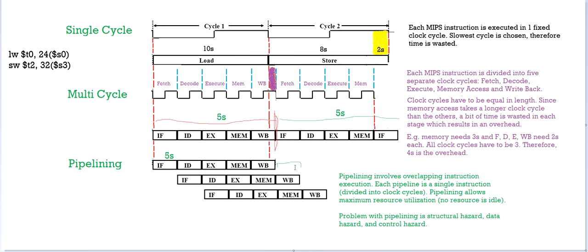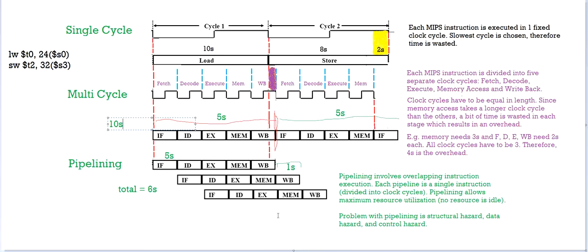So the total here is going to be 6 seconds for load and store, whereas in the multi-cycle one it was 10 seconds. So that basically proves that pipelining is more efficient.